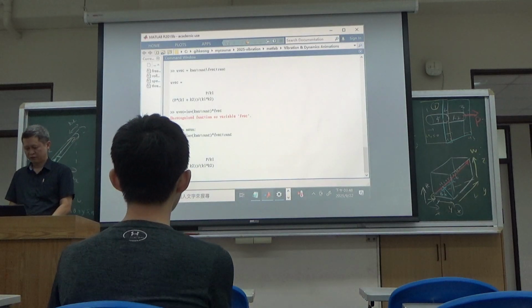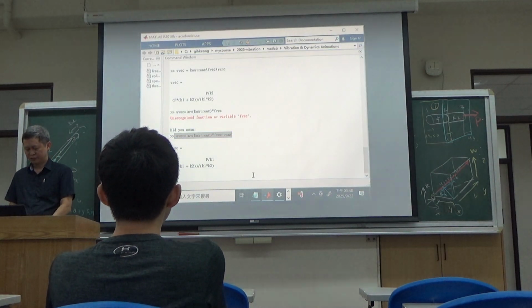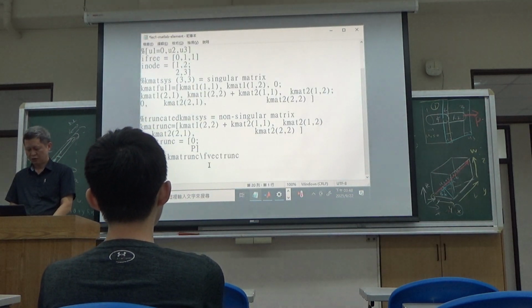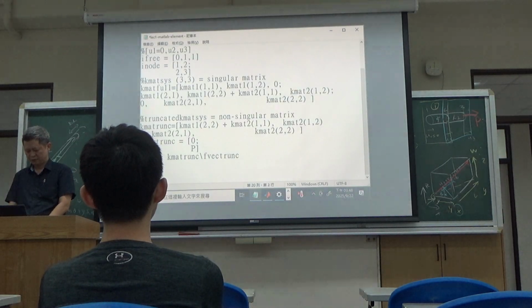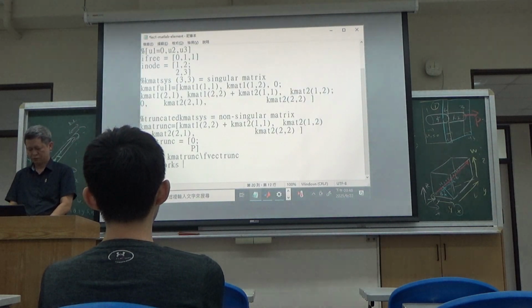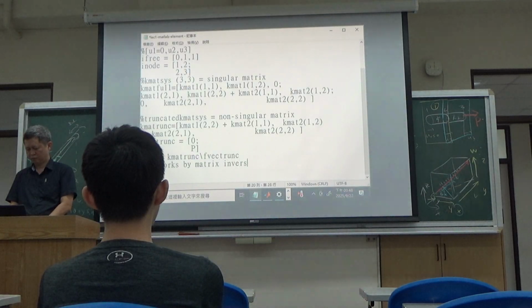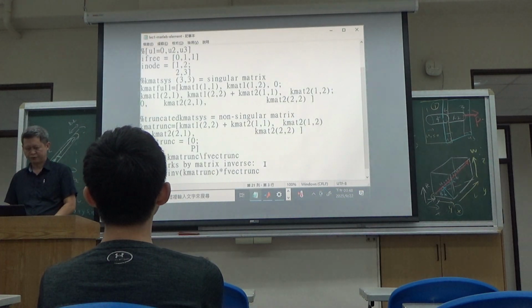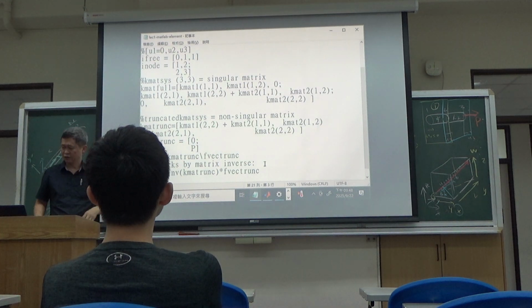It is INV for inverse. So both work the same. Go back and find out.